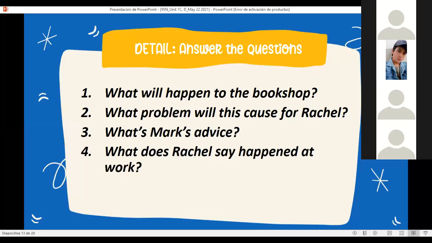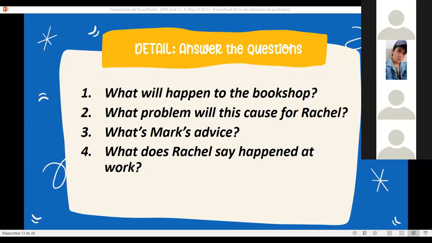Okay, guys, let's see if you catch all the answers for the questions we have. So what will happen with the bookshop? Did anybody hear what is going to happen with the bookshop? Será una floristería.